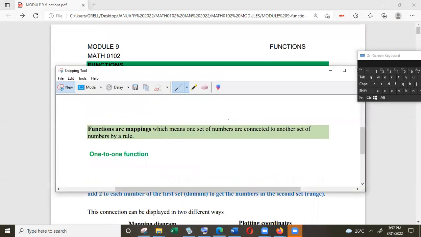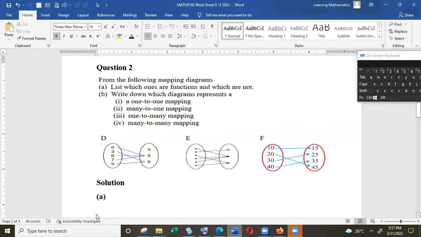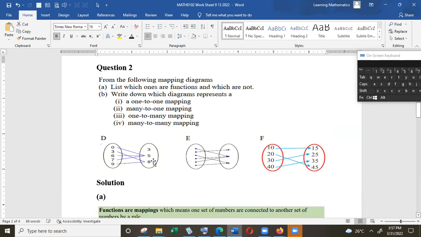So take a look at this video for you to get further definition of what is a function. But a function is a mapping. So all functions are mappings, but special sets of mappings. Remember, there are four types of mappings: one-to-one, many-to-one, one-to-many, many-to-many.